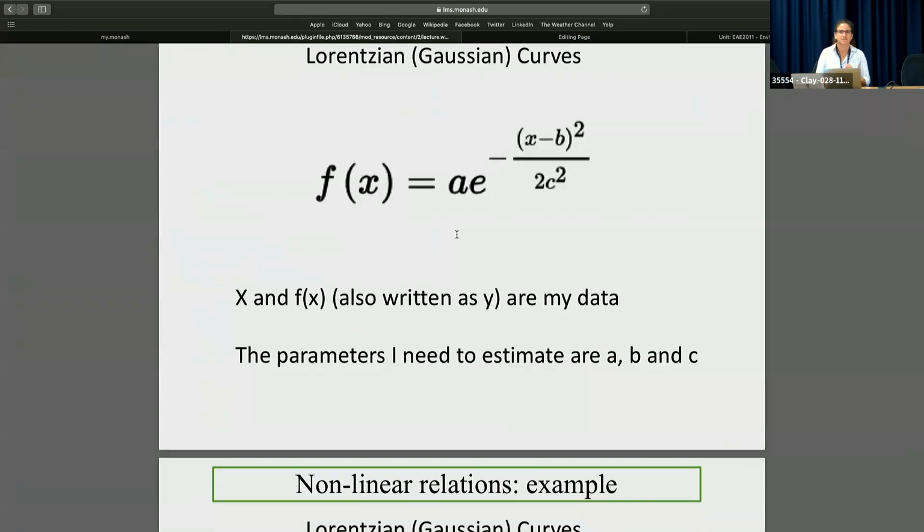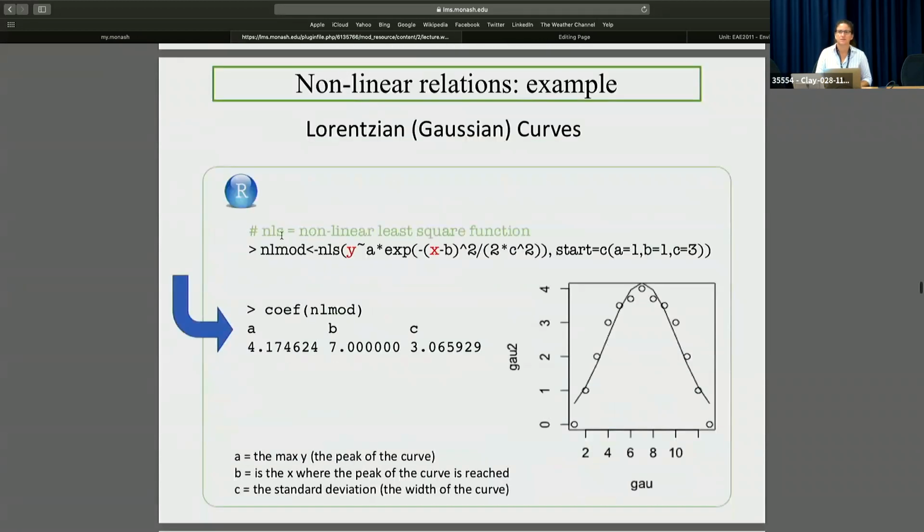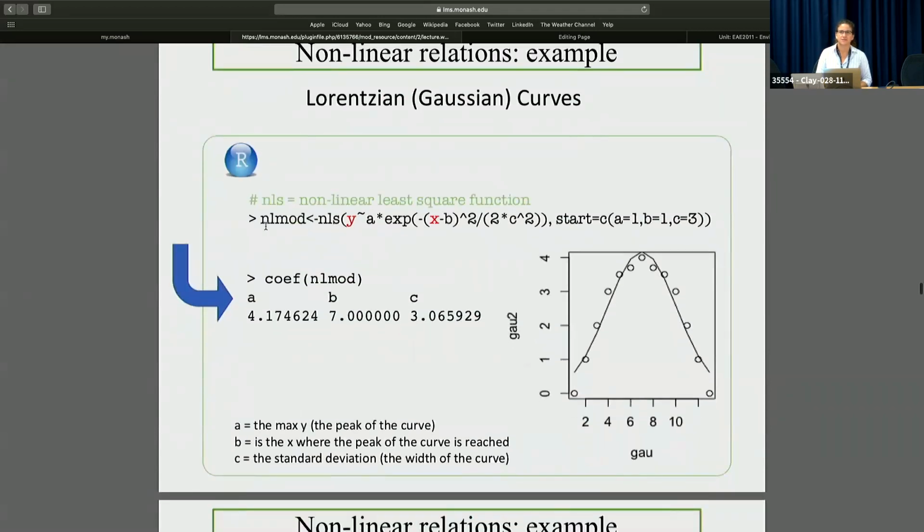But I need to start somewhere, and I do that by telling the curve where to start, and then from that point the software will adjust the curve so that my error is as small as possible. I get the least sum of squares. So this time, if I do it in R, I'm just going to call this nl mod, a nonlinear model.